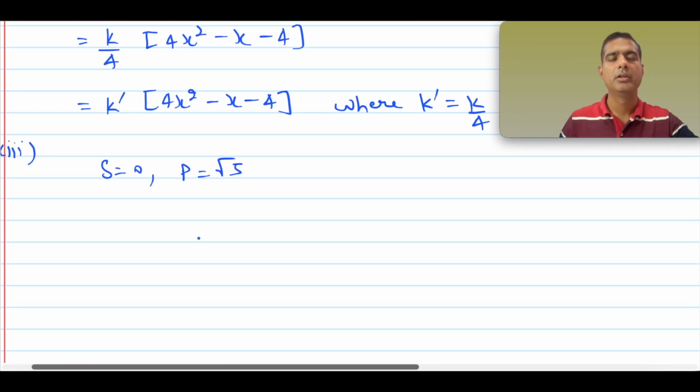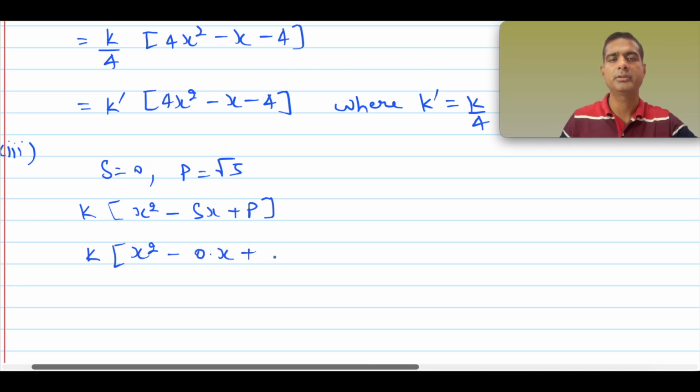Yes. So we can write the quadratic equation as k (x square minus sum of the roots times x plus product of the roots). So that will be k (x square minus 0 times x plus root 5).